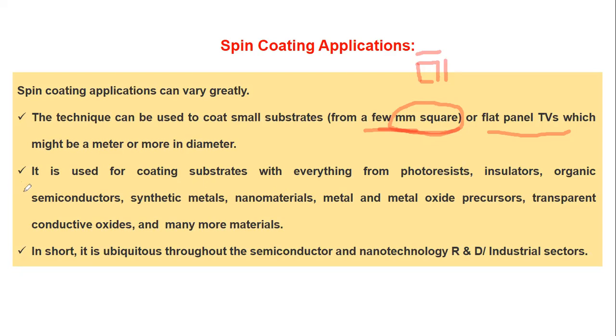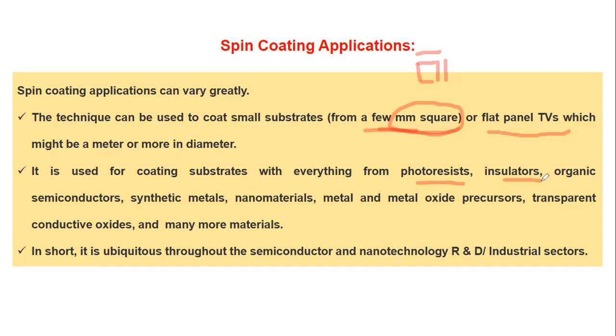It is used for coating substrates with everything from photoresist, insulator, organic semiconductor, synthetic metals, nanomaterials, metals and metal oxide precursors, transparent conducting oxide, and many more materials. So we can coat this kind of materials also.